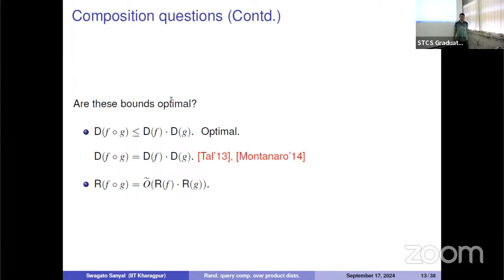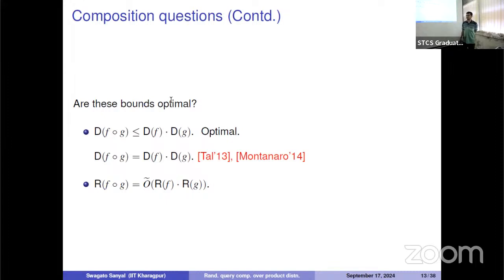For the deterministic case, this bound is known to be optimal, and is long known from the works of Tal and Montanaro. Sorry, what is the meaning of optimal? That for every F, G or there exists F, G? I think for the deterministic case, it's true for every F, G, but for optimal, it means that there exists.